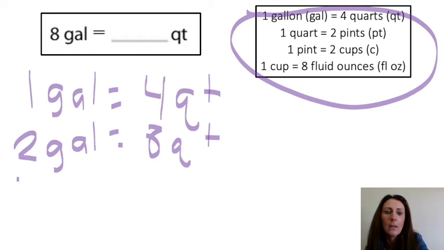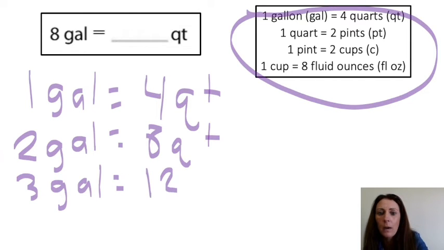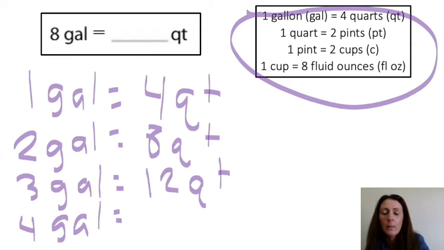If I had 3 gallons, how many quarts would that be? Again, I'd be skip counting. 4, 8, 12. It would be 12 quarts. If I had 4 gallons, how many quarts would that be?